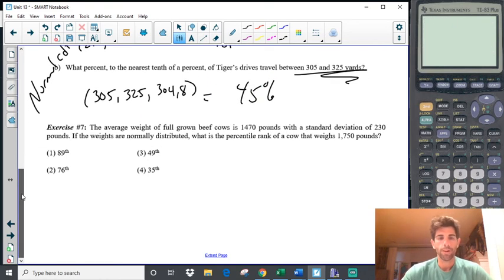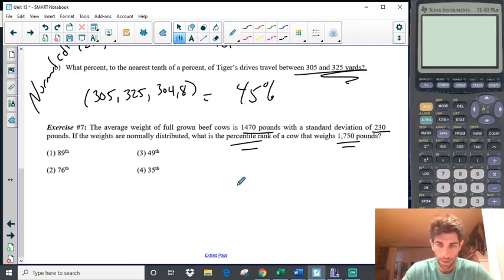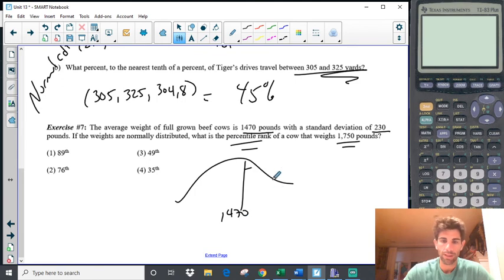And the last one here. The average weight of a full-grown beef cow is 1,470 pounds with a standard deviation of 230. If weights are normally distributed, what is the percentile rank of a cow that weighs 1,750? Okay, what you want to make sure you're doing here is paying attention. The mean is 1,470. Now the cow is up here at 1,750.